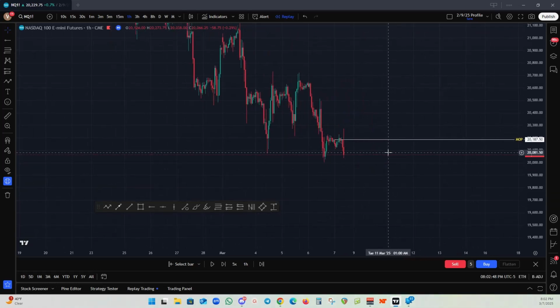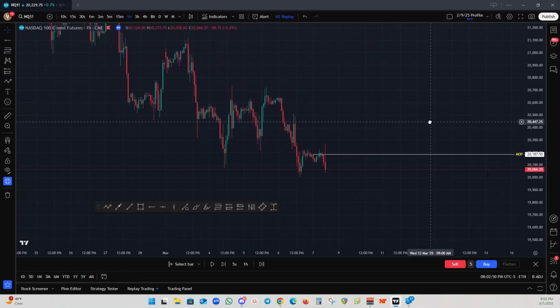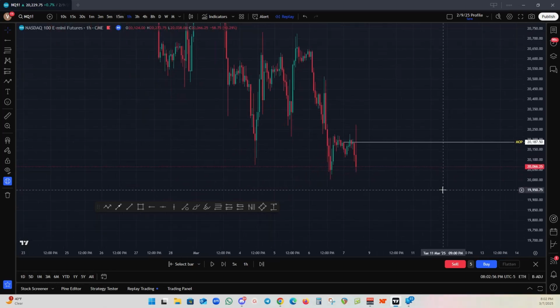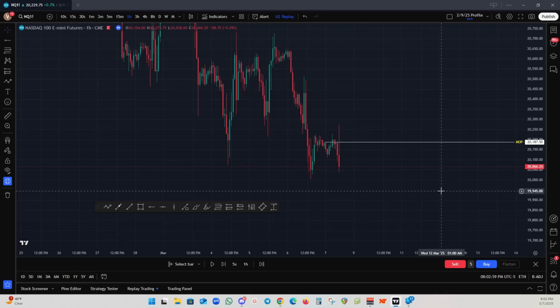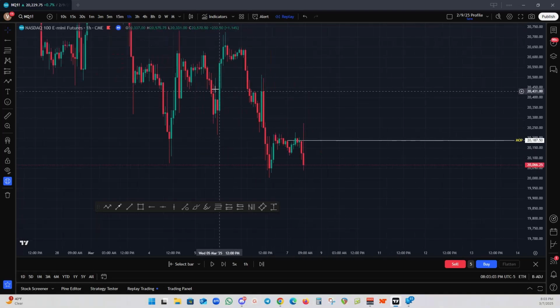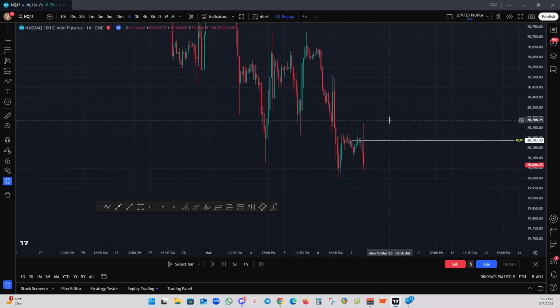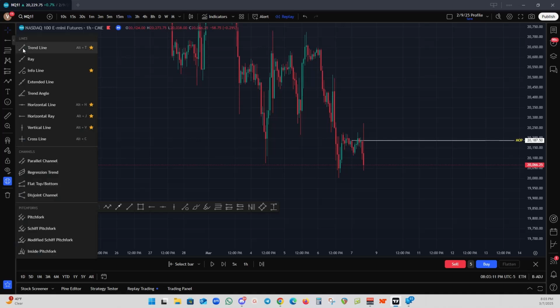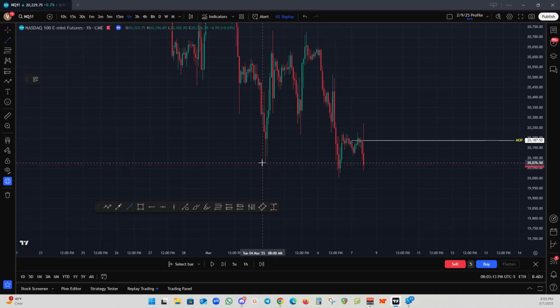This is where I start to really look for where I'm going to take a trade. I like to trade reversals, meaning I like to trade when price is turning around. Usually, when price makes a lower low in a downtrend, it means price takes out a swing low, like right here.